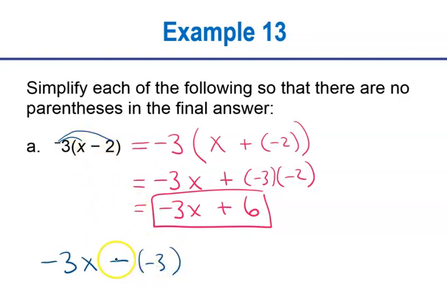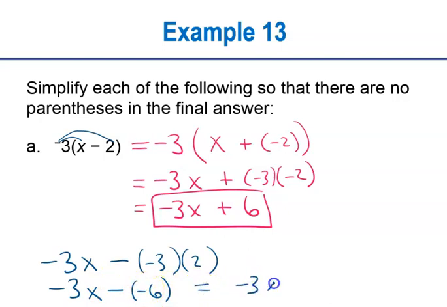Now the subtraction has already come down, so that's going to be times 2. And then when I simplify, that gives me negative 3x, and then minus, now negative 3 times 2 is negative 6. But then we have a subtraction and a negative, which is going to simplify to negative 3x plus 6.